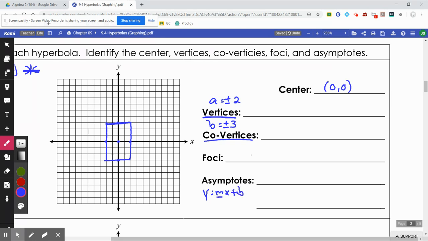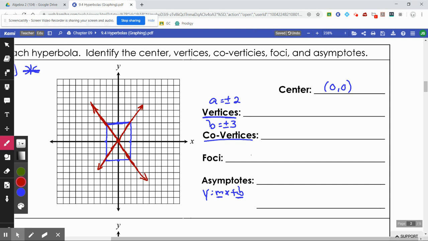Reminder that m stands for slope, b stands for y-intercept. So you're simply going to find the equation of the line, and you can do it in the same color or a different color here, that passes through the center and the corner of the box. So we're looking for the equation of this line, and of this line, that pass through the center and the corner of that box.